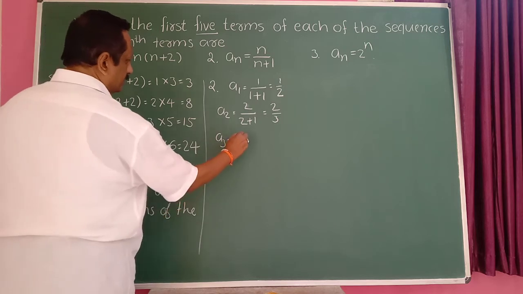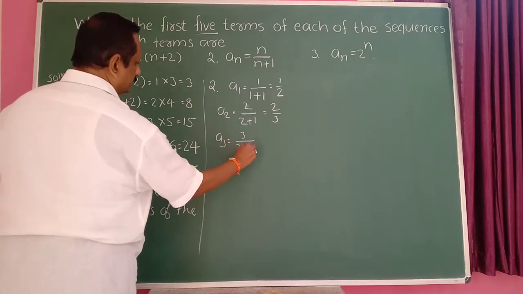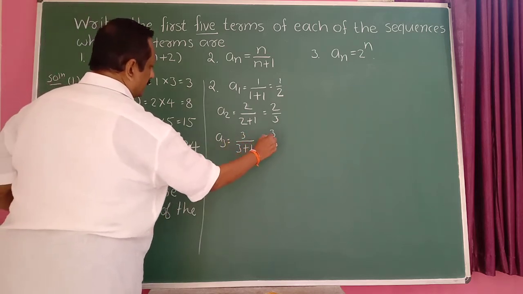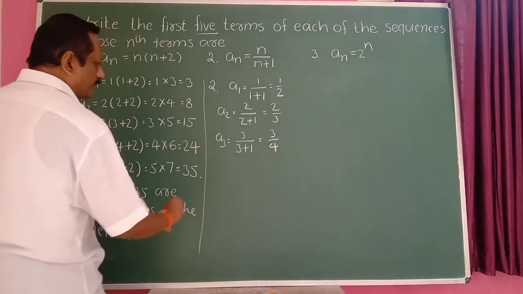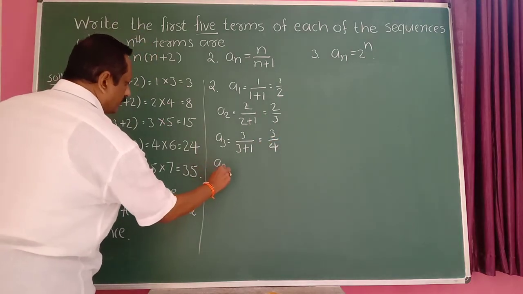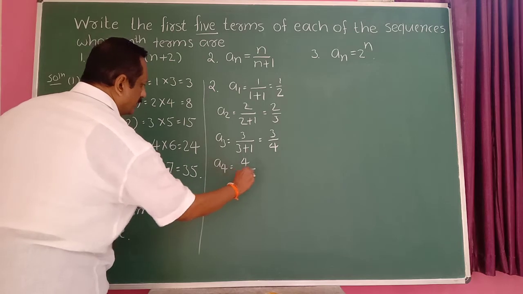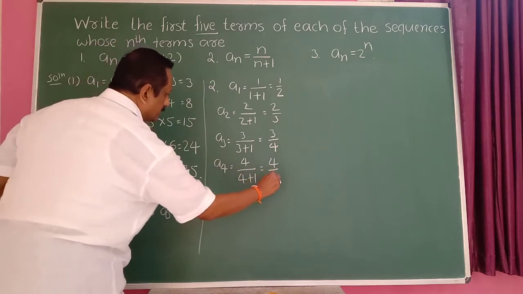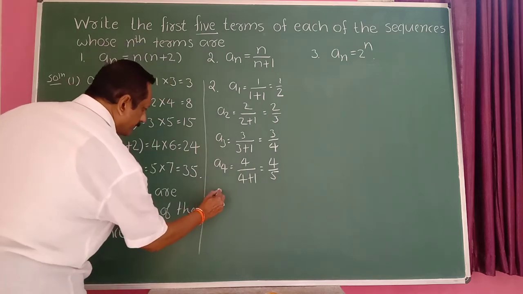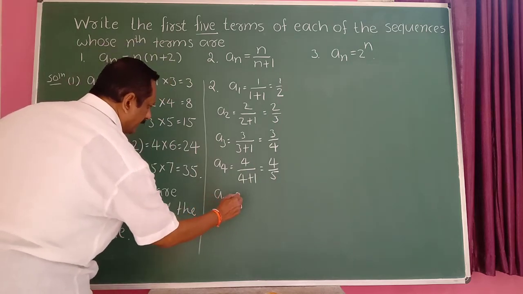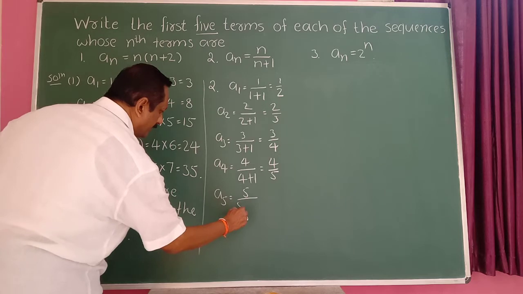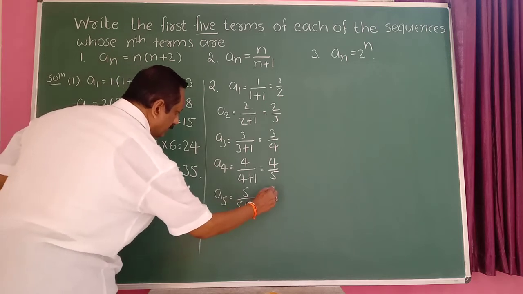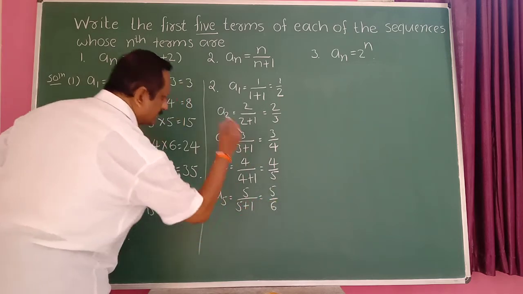Then a3 is equal to 3 divided by (3 plus 1), 3 divided by 4. Then a4 is equal to 4 divided by (4 plus 1), so it gives 4 divided by 5. Hence a5 is equal to 5 divided by (5 plus 1), so 5 divided by 6.